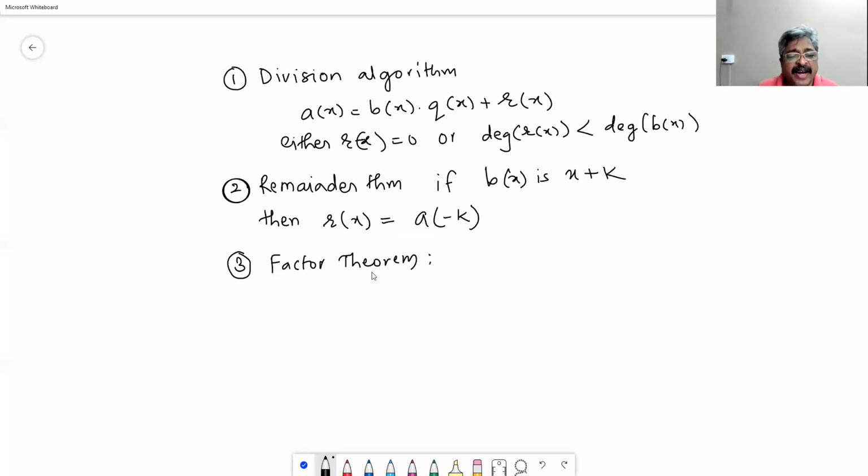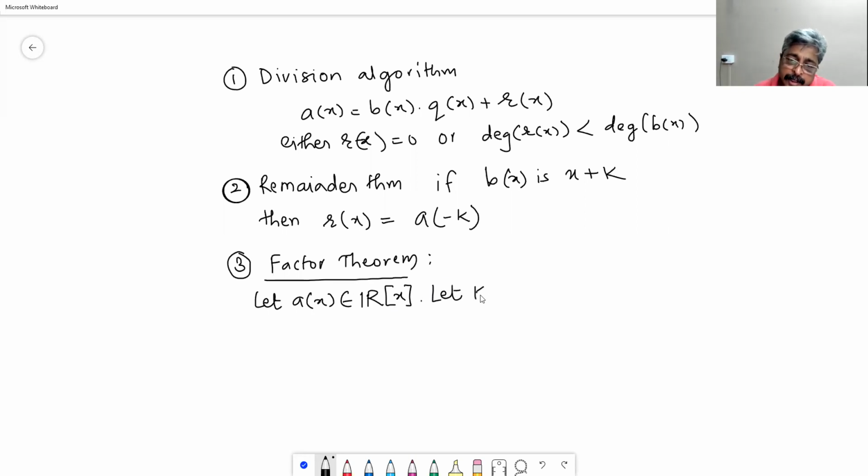Okay, today we will learn factor theorem and then we will try to apply these theorems to solve problems. Factor theorem statement: let a of x belong to R of x.